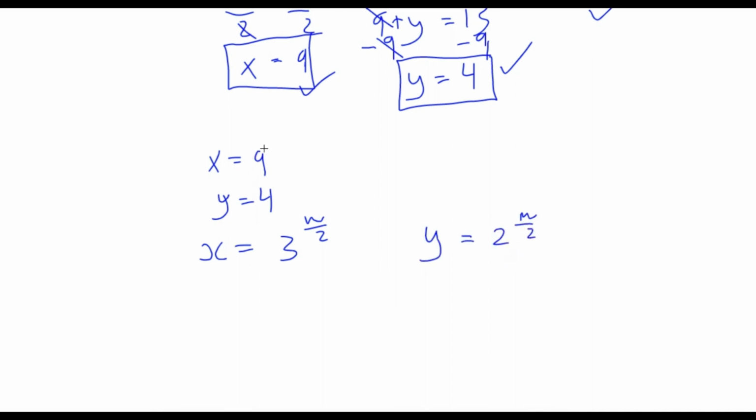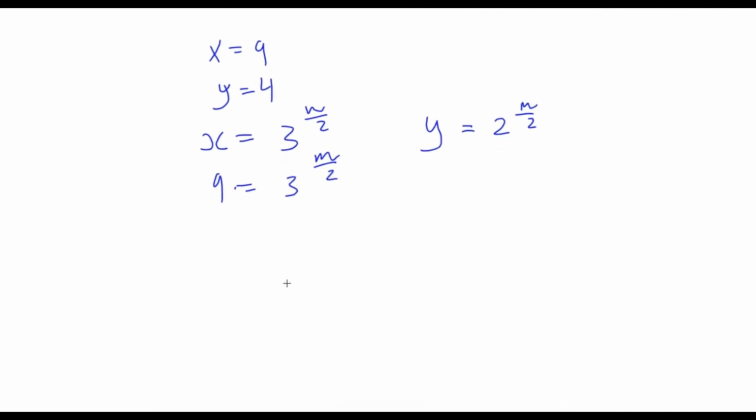So now we can simply plug in 9 and 4 for x and y. So let's first start with x equals 3 to the power of m over 2. If we plug in 9 for x, we get 9 is equal to 3 to the power of m over 2. Now 9, this is the same thing as 3 squared, right? So now we get 3 squared is equal to 3 to the power of m over 2.